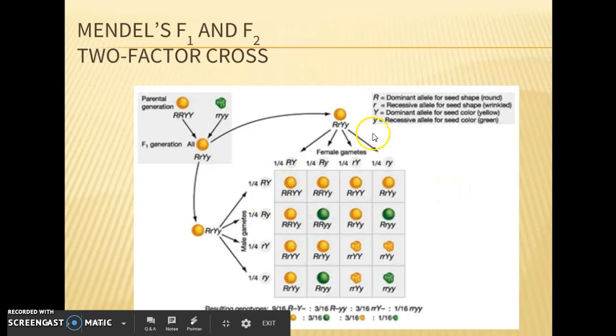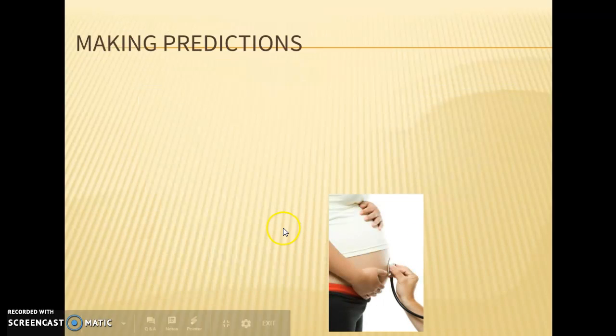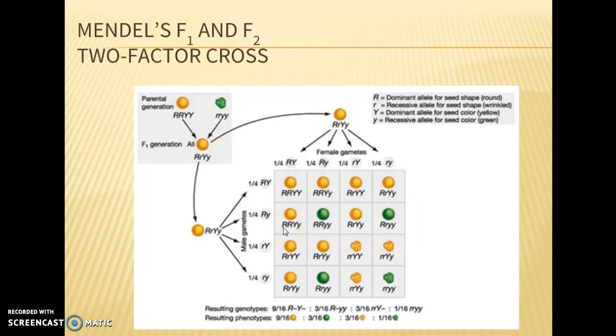And when you do this with two hybrids, you're always going to see this ratio here, where the resulting phenotypes, because there are 16 squares here, 9/16 of them are going to be dominant.